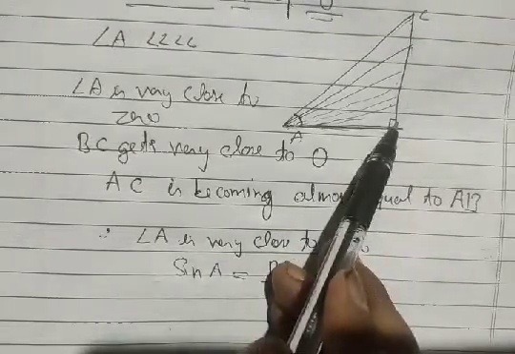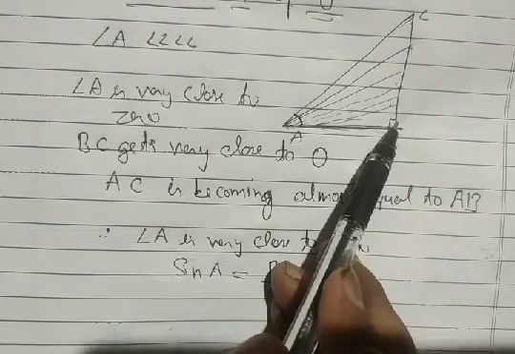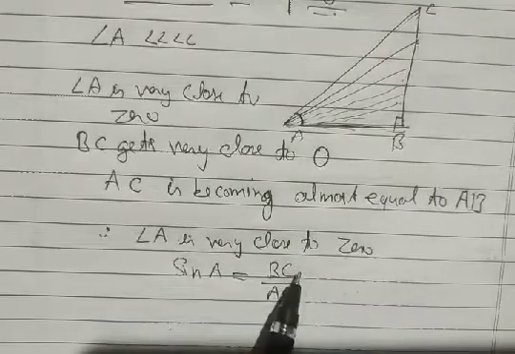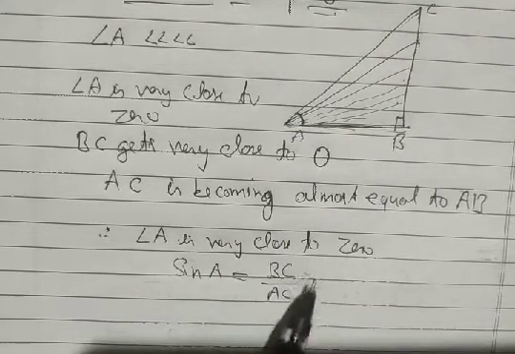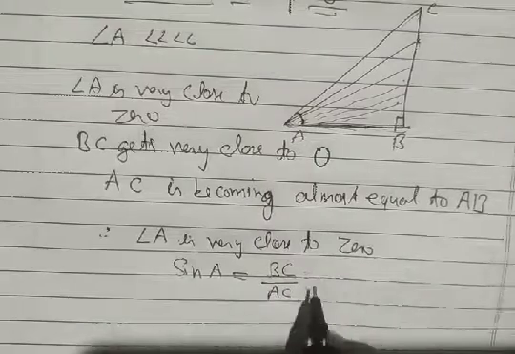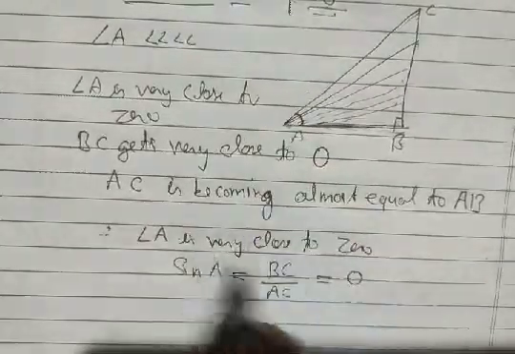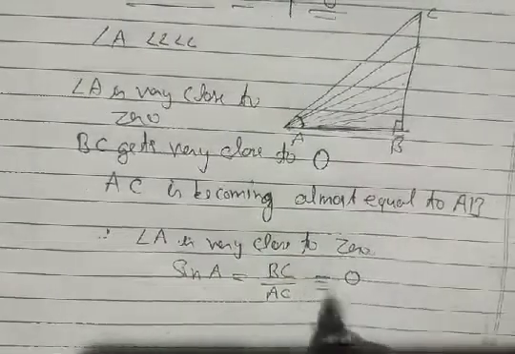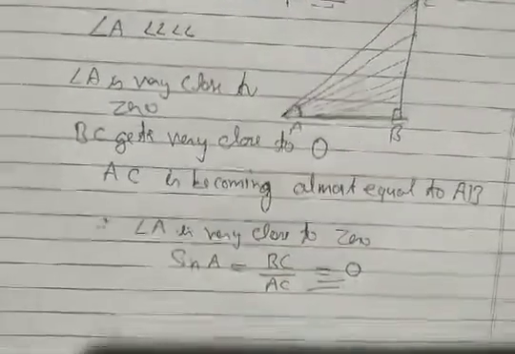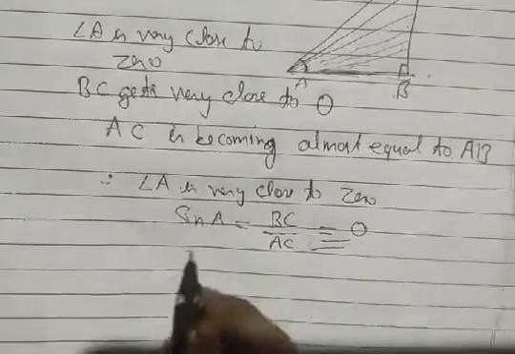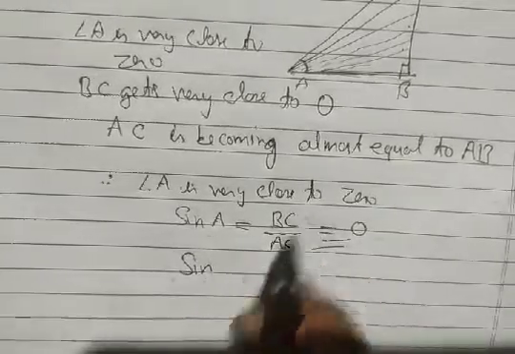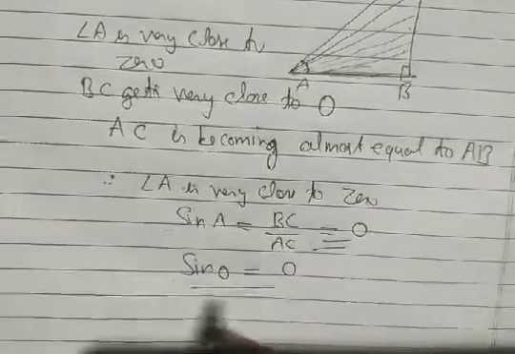Dividing 0 by any number, we get 0. Then our sin A is very close to 0. The value of sin 0 is 0, since our A is very close to 0.